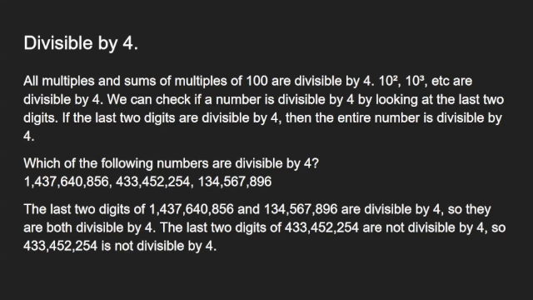The last two digits of 1,437,640,856 and 134,567,896 are divisible by 4. So they are both divisible by 4. The last two digits of 433,452,254 are not divisible by 4. So 433,452,254 is not divisible by 4.